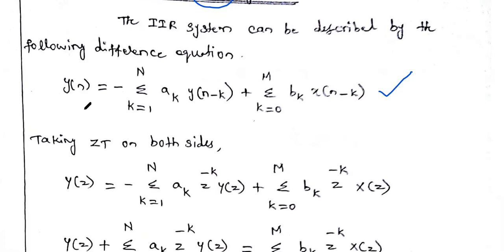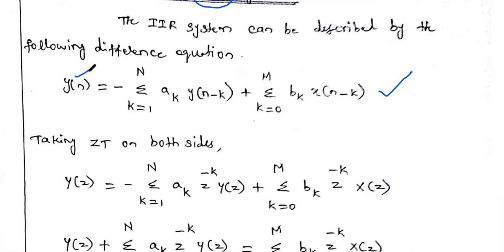The output of that IIR system, y of n, can be written as minus summation k equal to 1 to capital N a k y of n minus k, plus summation k equal to 0 to M b k into x of n minus k. This is said to be the general equation of an Nth order IIR system.